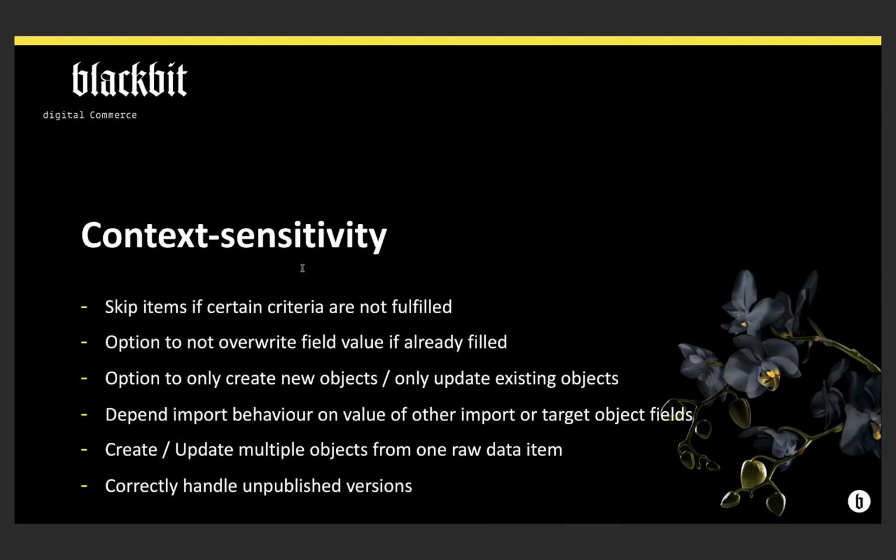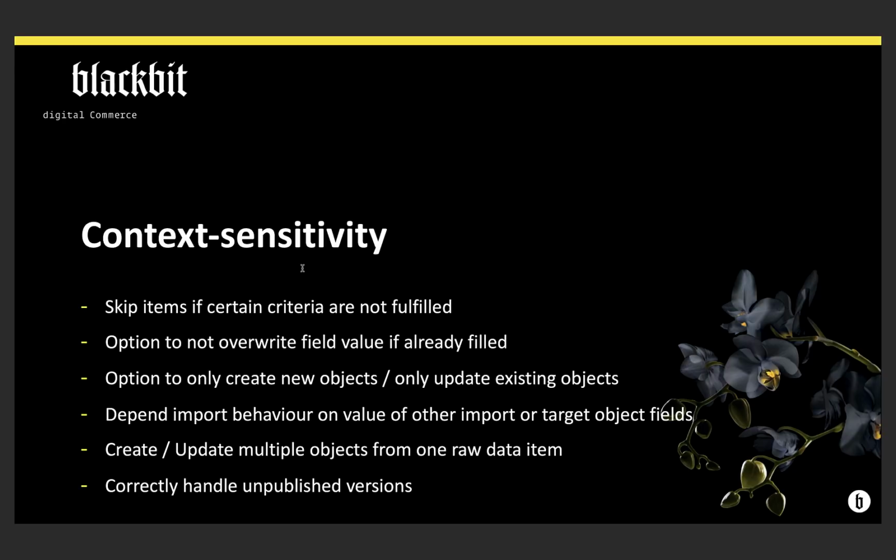And we correctly handle unpublished versions. This means when there is a new unpublished version with some changes, then you cannot base a new import on the currently published version which is in the database, because then those unpublished changes would get lost. And for this reason, the data director checks if there is an unpublished latest version, and if there is, then we do the import twice.